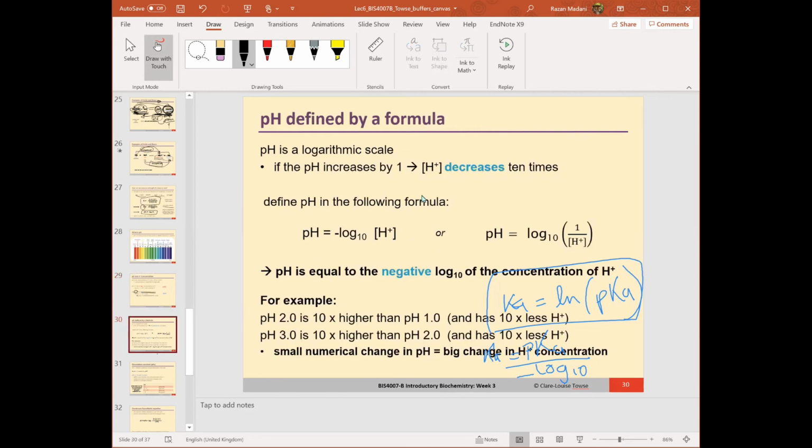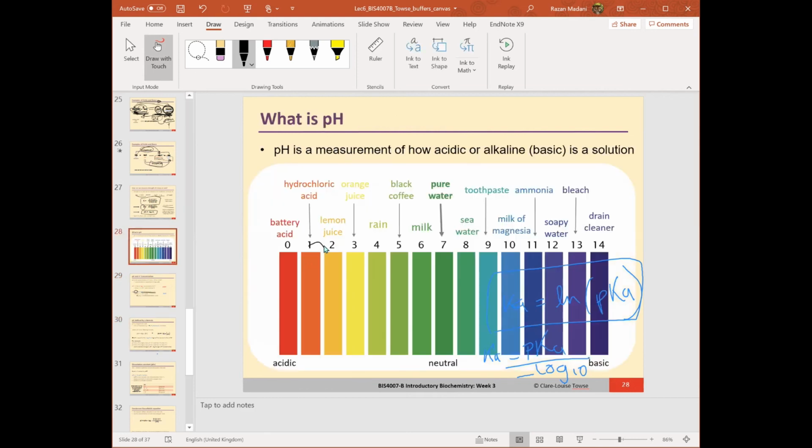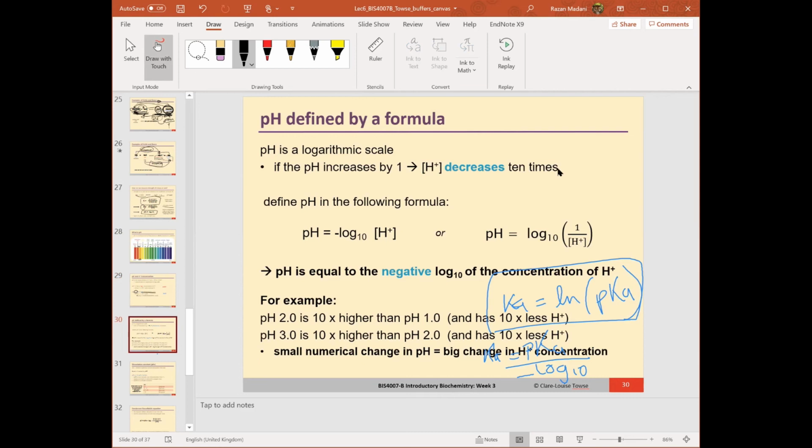So the difference between each pH on the scale, the hydrogen concentration is going by 10 times. Sorry, not minus 10, 10 times.